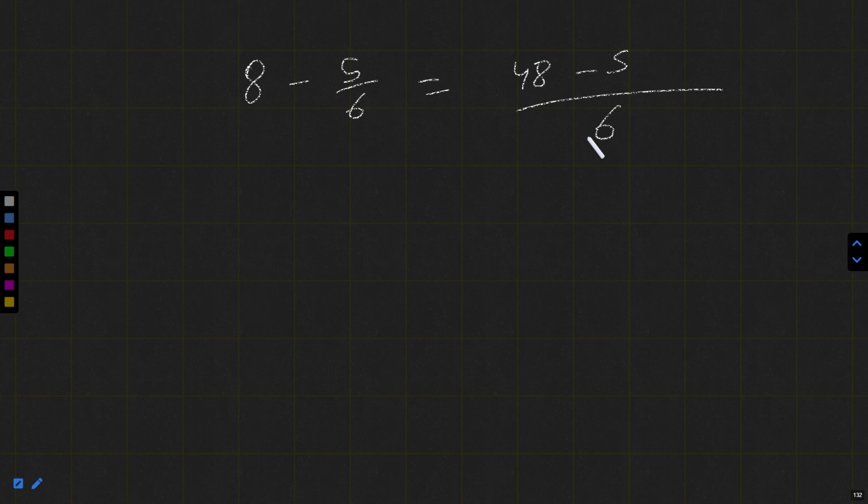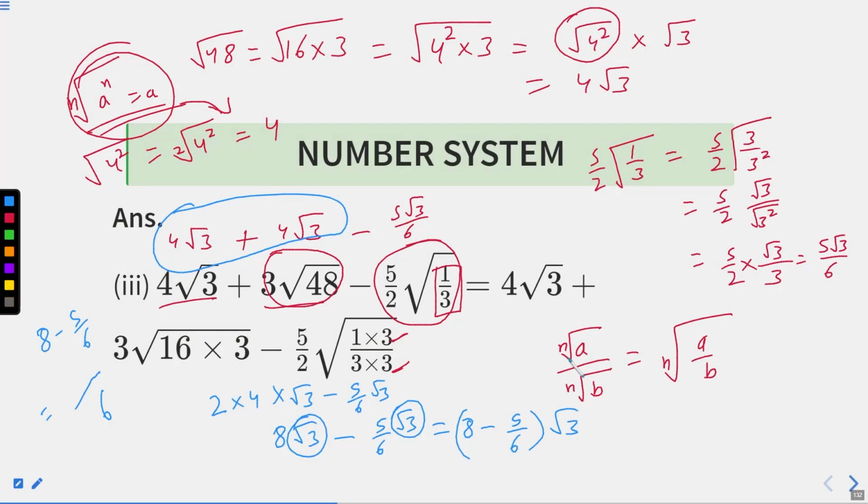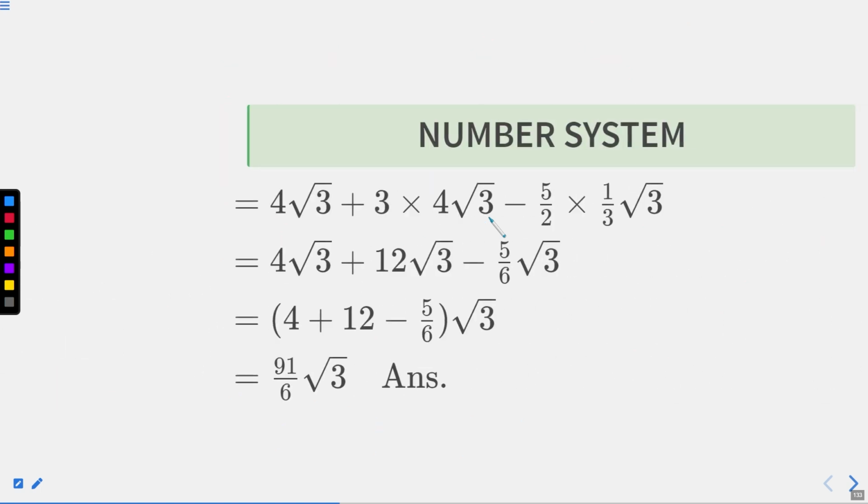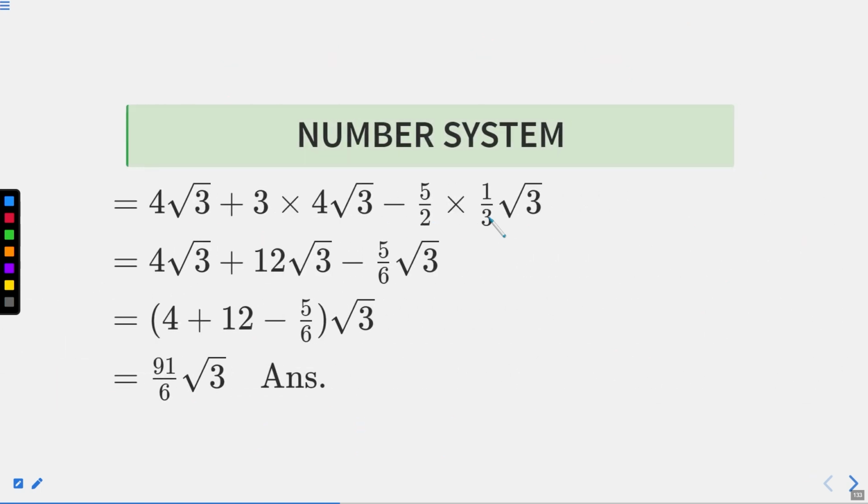So 48 minus 5 gives me 43, so 43 by 6. So the final answer is 43 by 6 root 3. I hope this is clear. Let's move to the next.